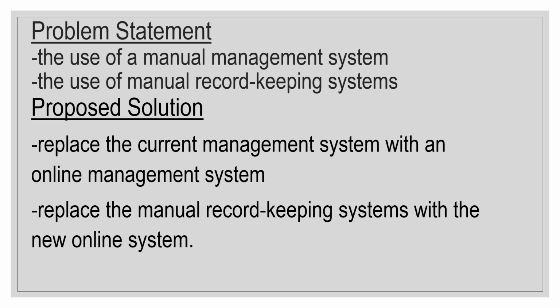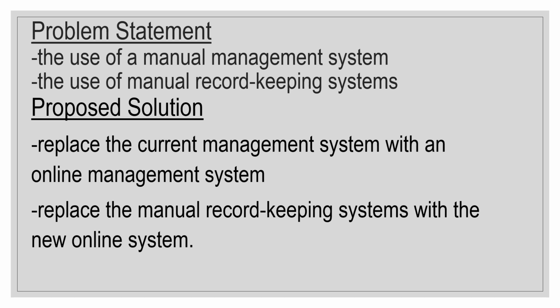The first proposed solution to improve the issues in the current system is replacing the current management system with an online management system. We propose that the payments made between the focus manager and the suppliers can be settled through the online system instead of sending the invoices to collect the payment from the manager every weekend.